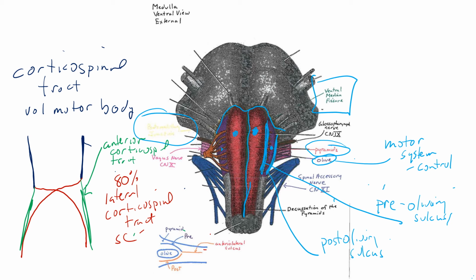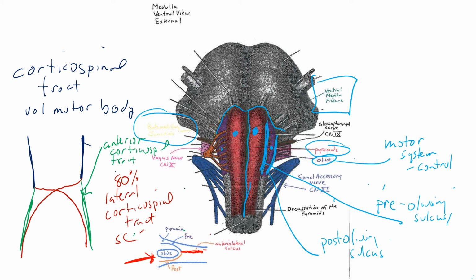Well, these two sulci, pre-olivary and post-olivary, are actually going to come up from the spinal cord. So if we look at this side picture right here, we're going to see coming up from the spinal cord an indentation called the anterior lateral sulcus. Anterior lateral sulcus is where the ventral roots are going to emerge from the spinal cord.